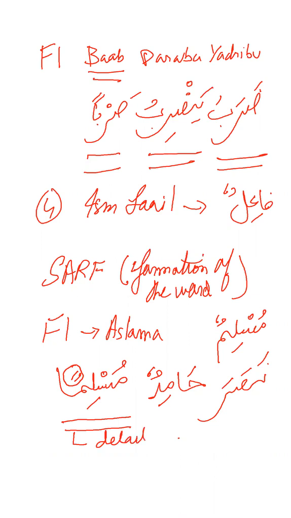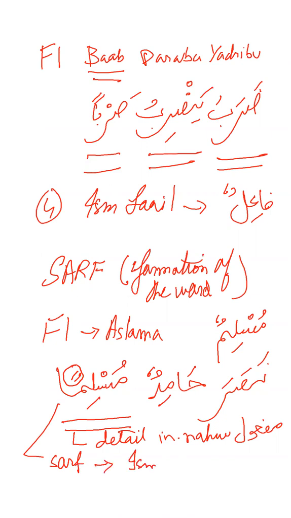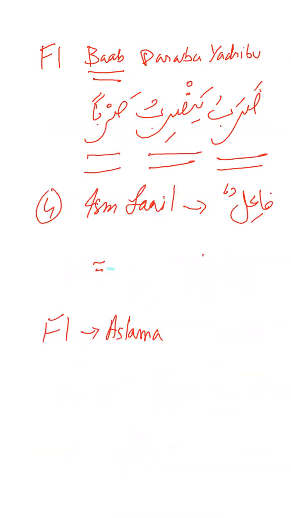Detail in Nahu, it will be maf'ul. But in Sarf, what is it? It is ism fa'il. Oh, now I understood. Jazakallah khairan, sister. I understood very well. Alhamdulillah. So let's get back to the family.